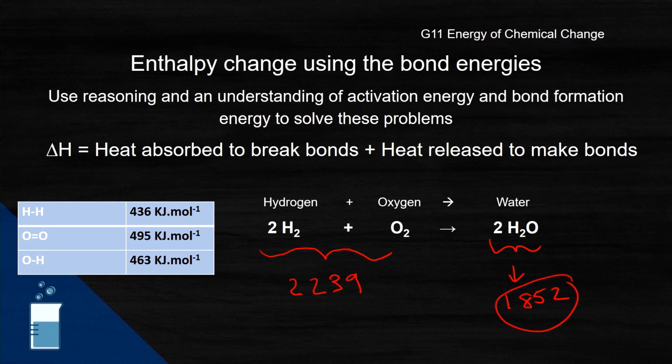This is energy which is released. So if we find the difference, we could say 2,239, subtract, because that's the difference, 1,852. And we end up with an answer here of 387 kilojoules per mole.